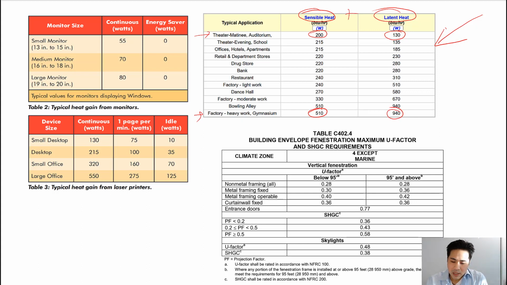In our example, let's pick a value somewhere in the middle. So we'll use the value right here, somebody at a bank, for instance, and that value is 220 and latent heat is 280. So the total of that will be 500, and the units are right here, BTUs per hour.